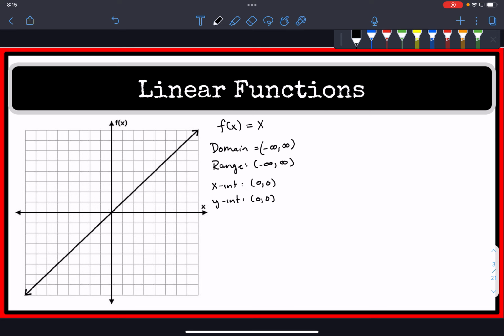Now this one does not have any extrema. No extrema at all, no maximum, minimum, relative, or absolute at all, because it does not change direction. And the reason for that is because it's increasing from negative infinity to positive infinity. It never decreases.